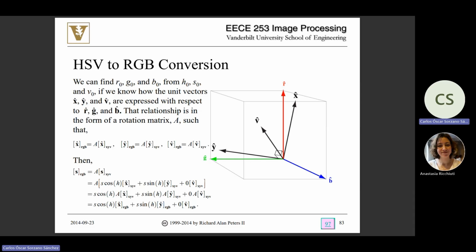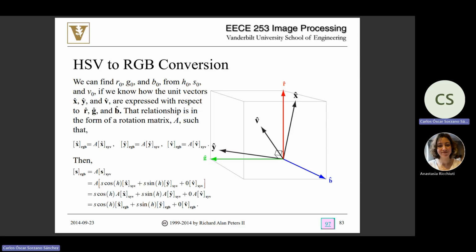Okay, so we know now how to construct this matrix. This matrix has to be such that these coordinates, what is x in XYV? X in XYV is 1, 0, 0. What is y in XYV? It will be 0, 1, 0, and v is 0, 0, 1. So the columns of A have to be the expression of x in the RGB, the expression of y in the RGB.